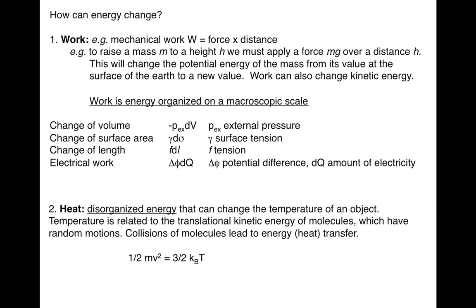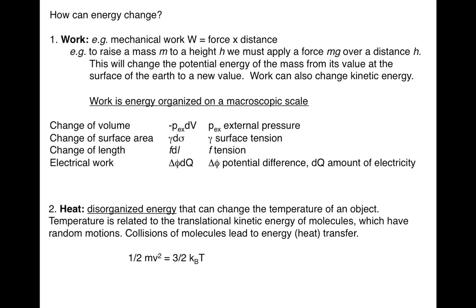Electrical work, let's say through a membrane, you have a potential difference across a membrane, and then you move some amount of charge through it. Okay, all these are forms of work that you can define as energy organized on a macroscopic scale.